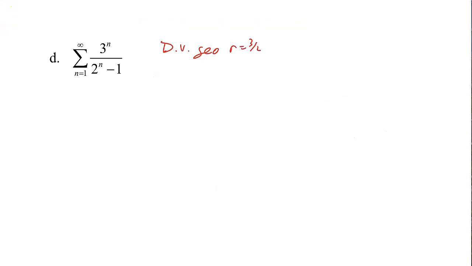All right, last one we said was divergent geometric with a ratio of 3/2. So let's just compare it straight to that geometric. Right, that is my geometric. So I want A sub n to be greater than B sub n if I'm going to diverge.